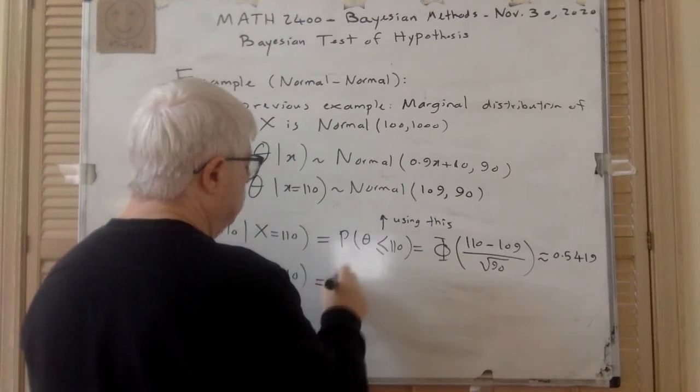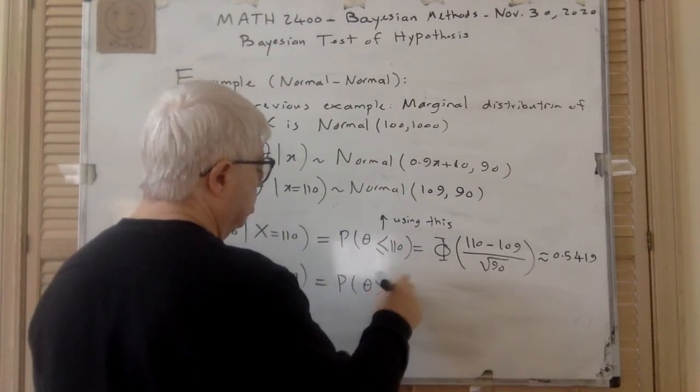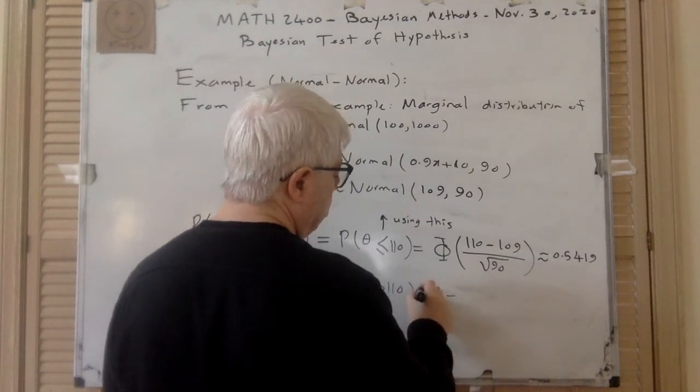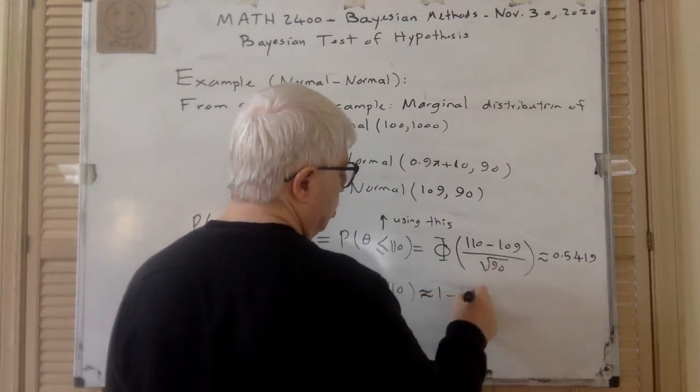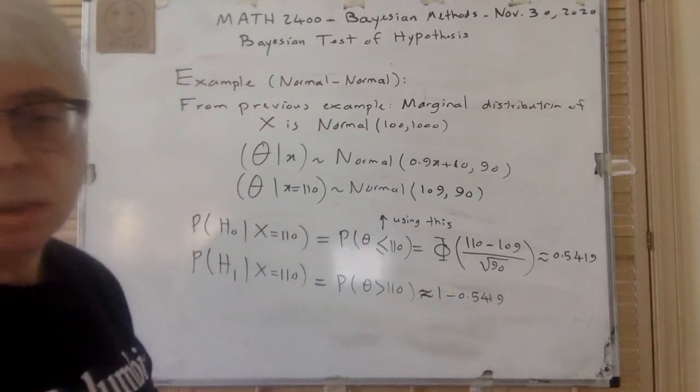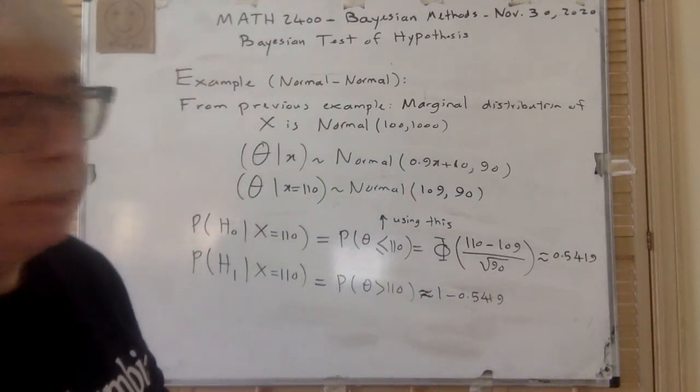So this one, P of theta bigger than 110, is the complement. That is approximately 1 minus 0.5419, which is 0.458.